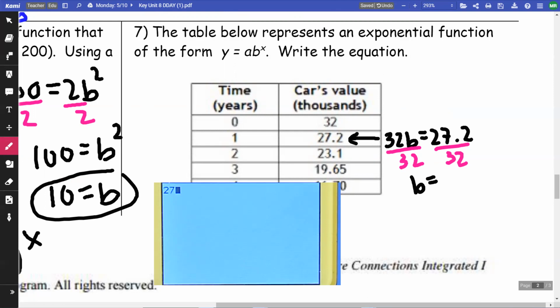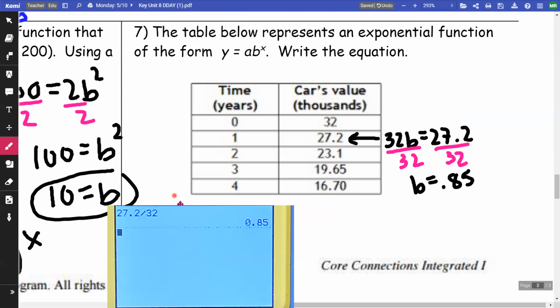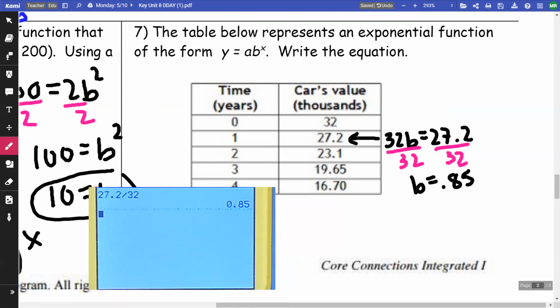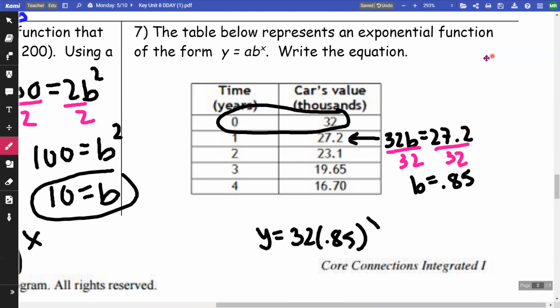So 27.2 divided by 32 gives us 0.85. Okay. So for this, we're going to get y is equal to our a, which is 32, times our b, which is 0.85 to the power x.